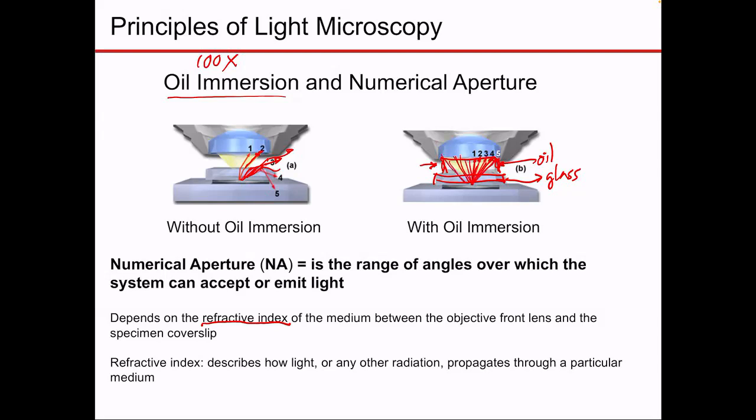In other words, because that oil is facilitating the collection of more light, more information, what that oil is doing is increasing the numerical aperture, in order to produce a higher quality image.